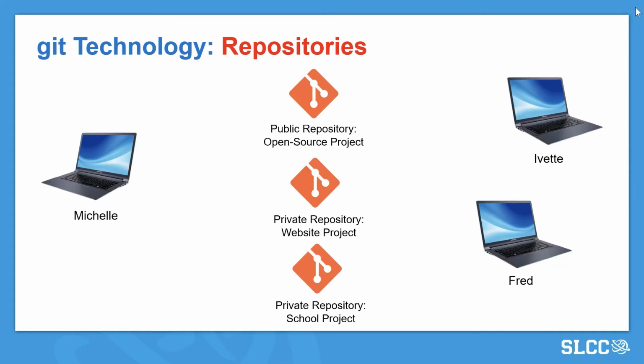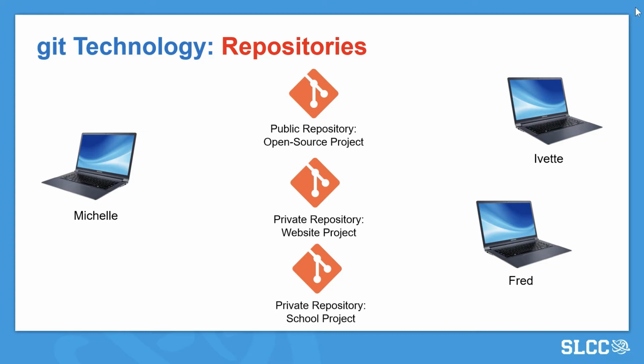On the screen we have a scenario to give a visualization of how this works. Down the center we have a public repository, which is an open source project, and these are just examples, and maybe a private repository, which is maybe a website project, and then another private repository, which is maybe a school project.